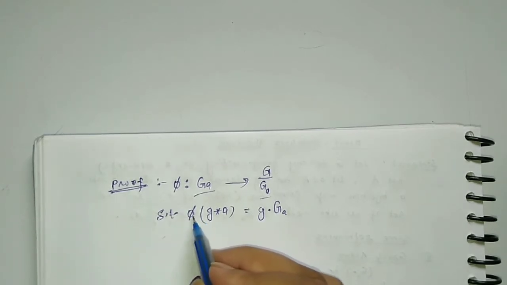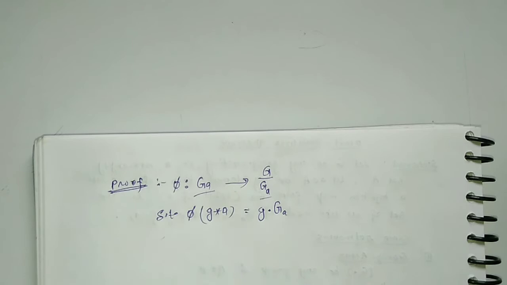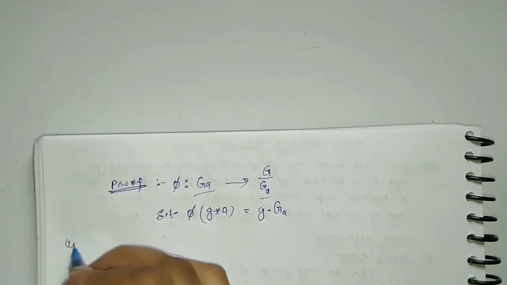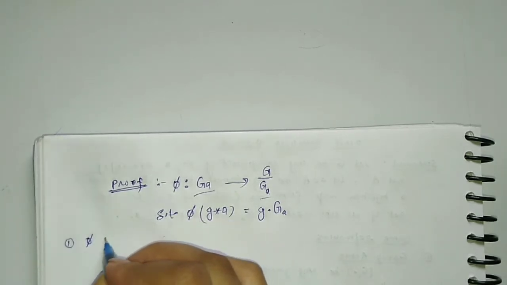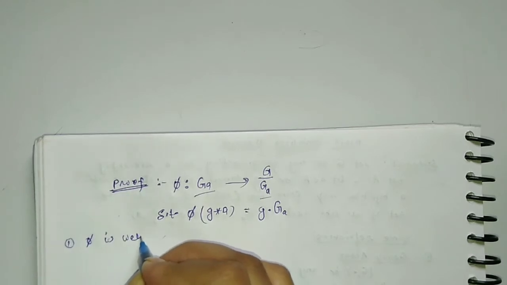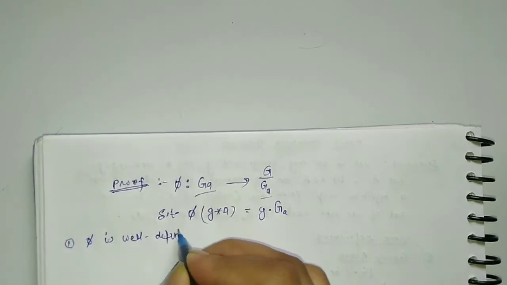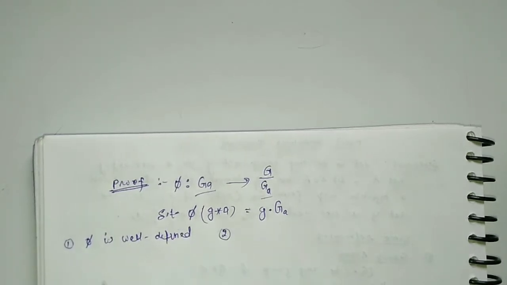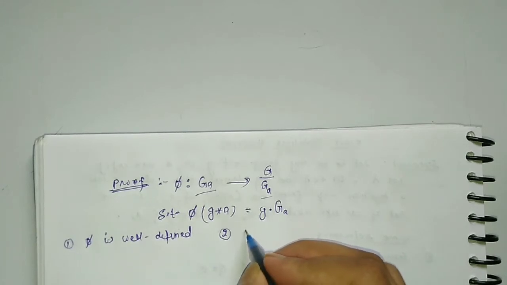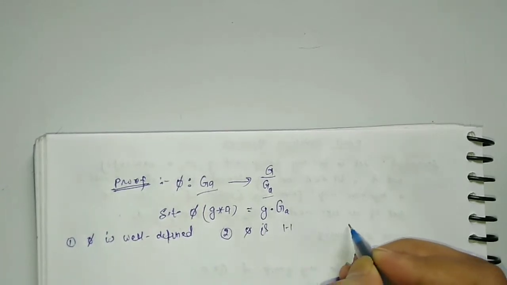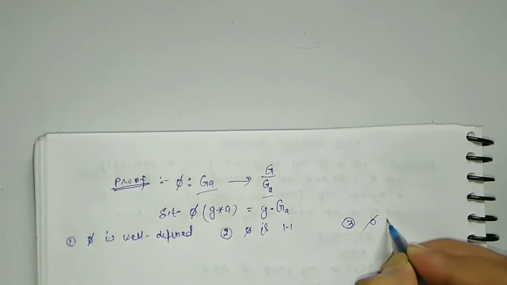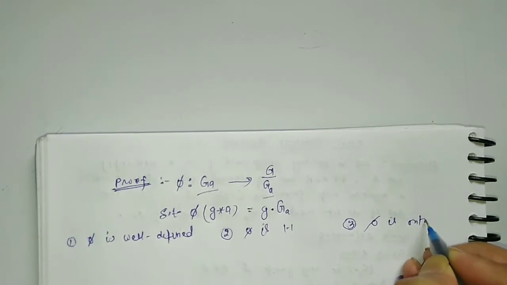Now we have to prove that phi is a bijection map. So first we will prove that this function is well defined. Then after we will prove that phi is 1-1, and lastly we will prove that phi is onto.